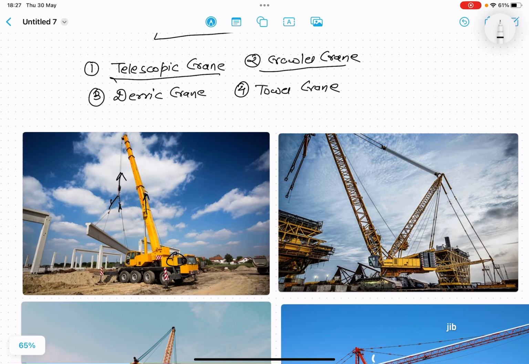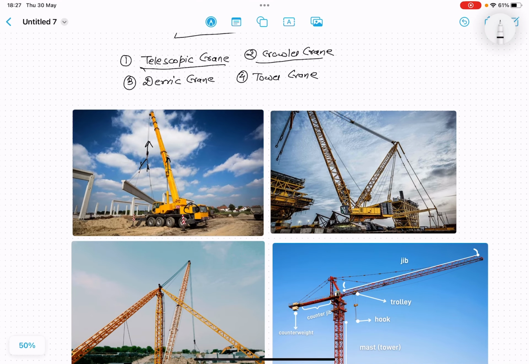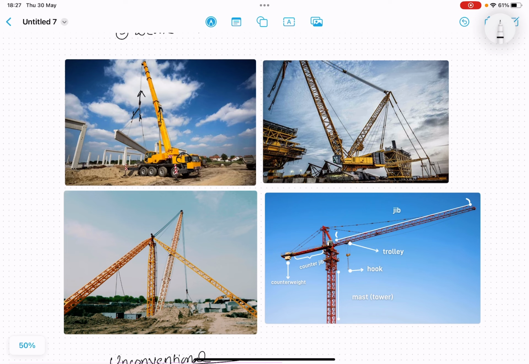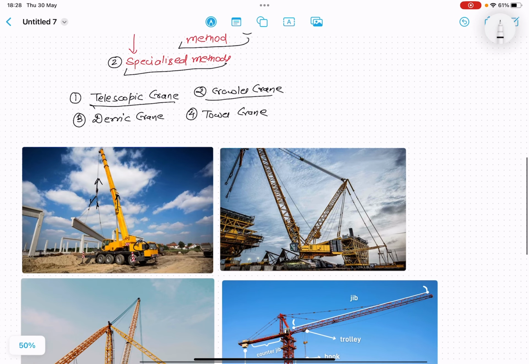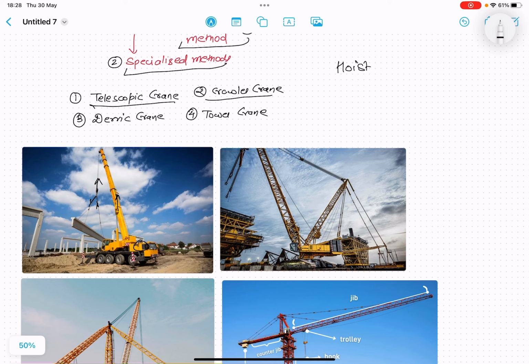Lifting forces in the crane are created by hoisting winches and stabilized by the boom, the mast and the counterweight. In every crane you see here, always remember that the hoisting winches create the lifting forces, and the boom, mast and counterweight stabilize these lifting forces.